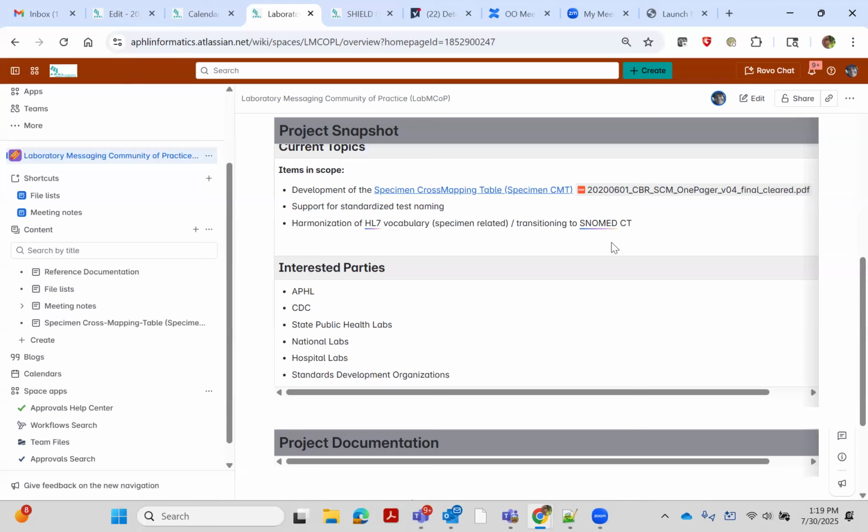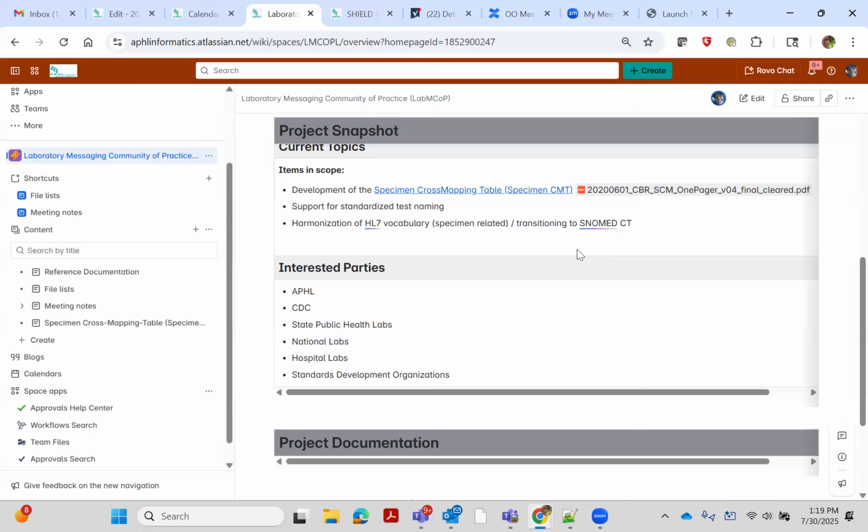We keep an eye on the work that there's a group in HL7 Europe that's working on specimen related vocabulary and laboratory related vocabulary for the lab result reporting IGs that they have. And so we're trying to keep up with what they're doing and helping them out.